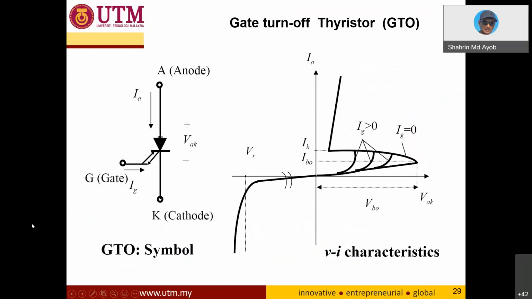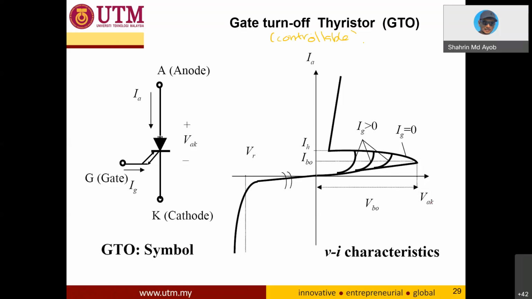GTO, I think I can skip this one, because the symbol is like an SCR and the characteristic is also the same. The only difference between GTO and SCR is that it is controllable.